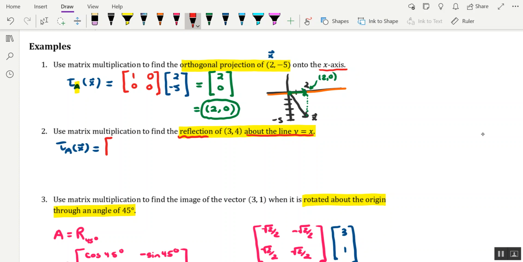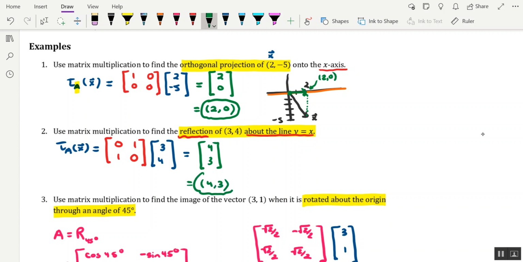The standard matrix for that is a 2 by 2. First column entries are 0 and 1, second column is 1 and 0. That's going to get multiplied by the column vector version of 3, 4. Upon doing the multiplication, we're going to get 4, 3. So the coordinates of the transform vector will be 4, 3 now.